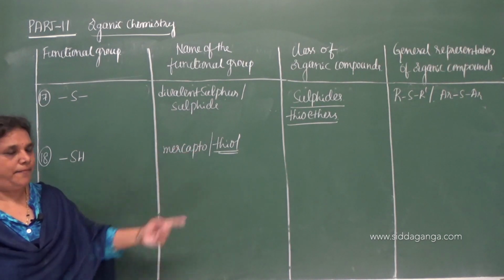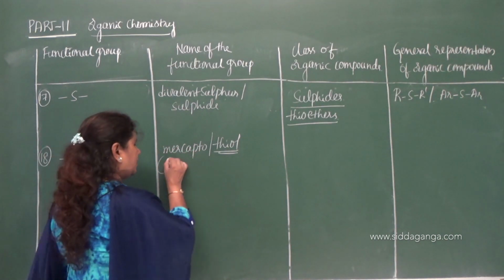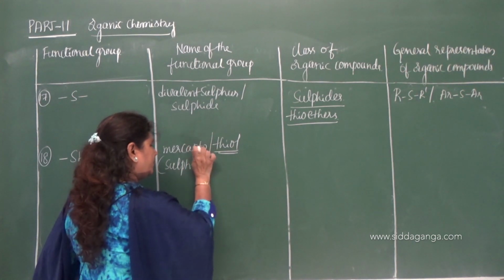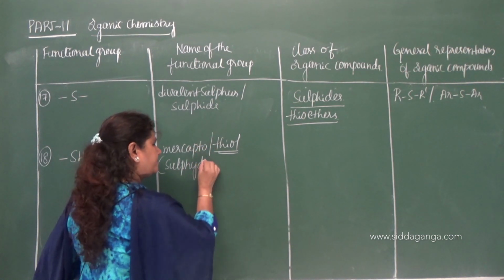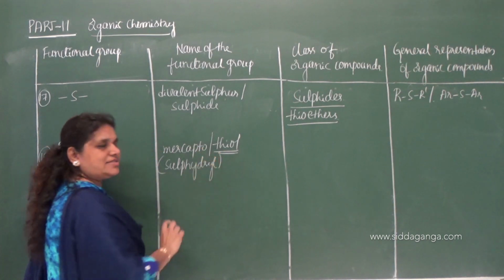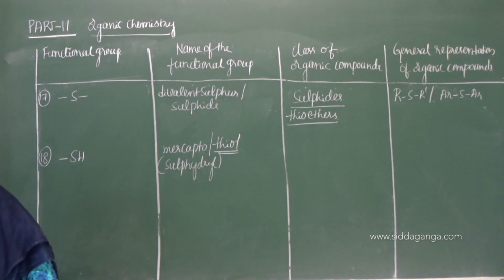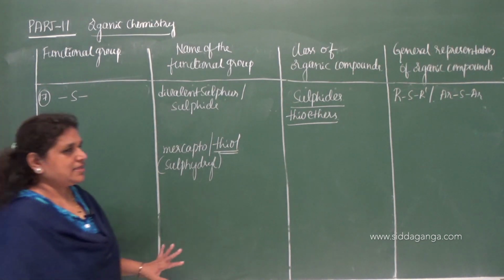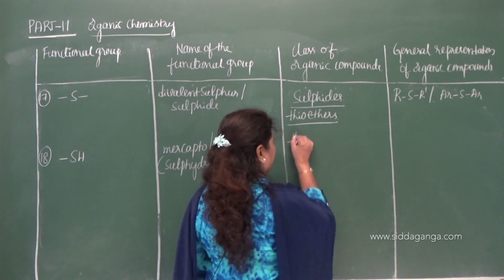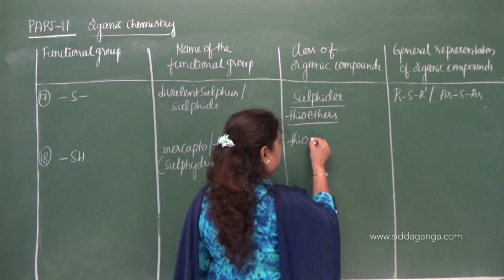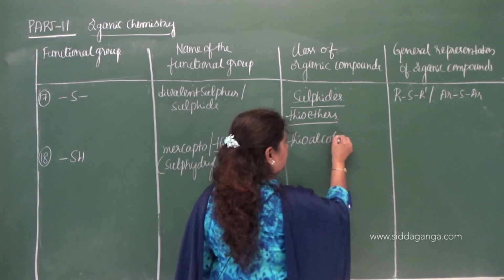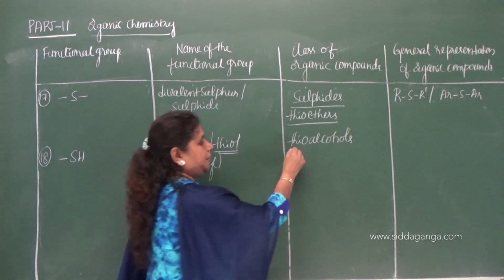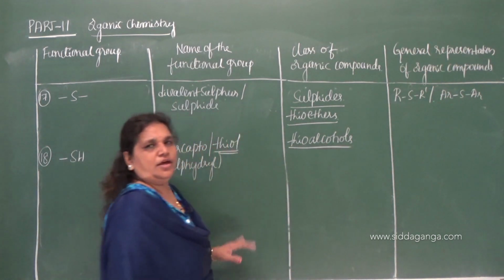This is mercapto, and it is also nothing but sulfhydryl. Sulfhydryl is another name for this SH group. Then what is the class of compound? The class of compound is thioalcohols. If SH groups are there, then they are called thioalcohols. Very, very important.